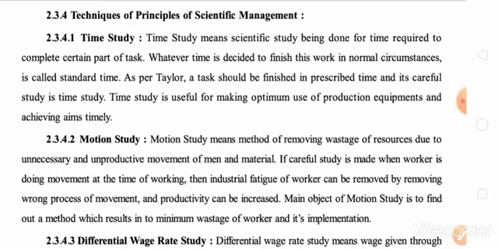It means there should be a standard time period fixed for completing a particular task. Say for example, in a factory when they are making a pillow, the standard time taken for producing one pillow is 2 minutes.